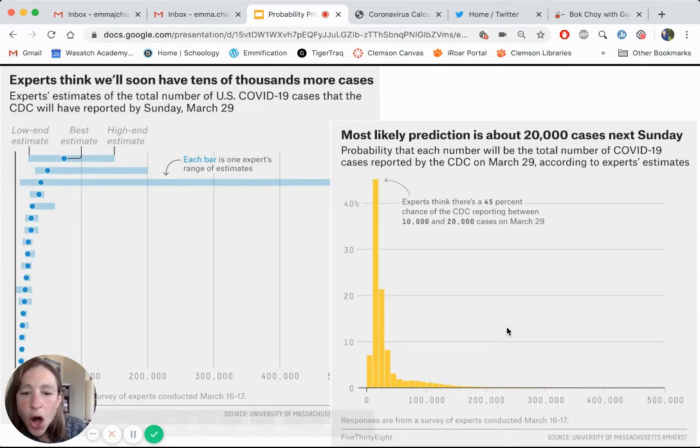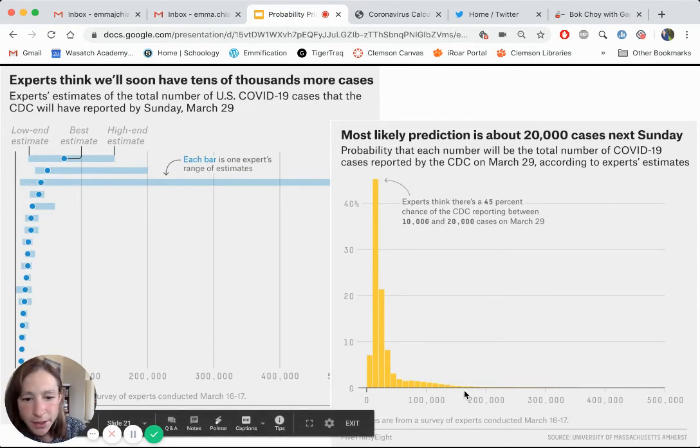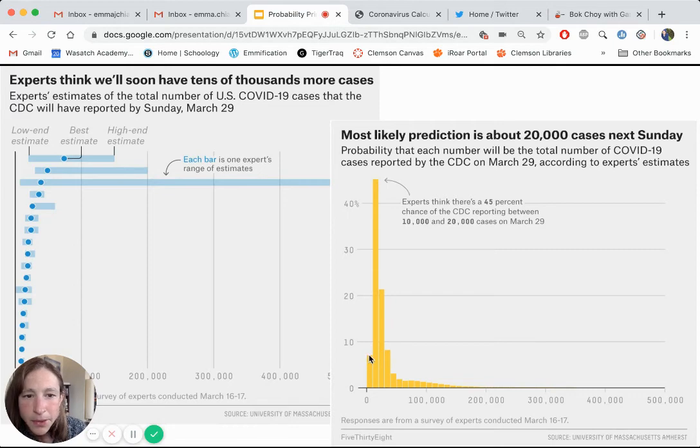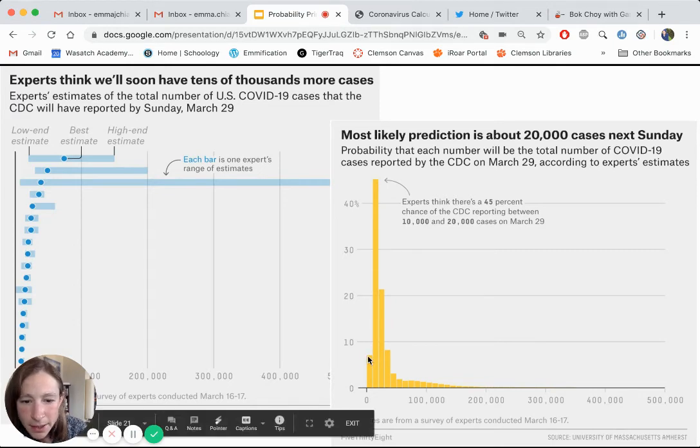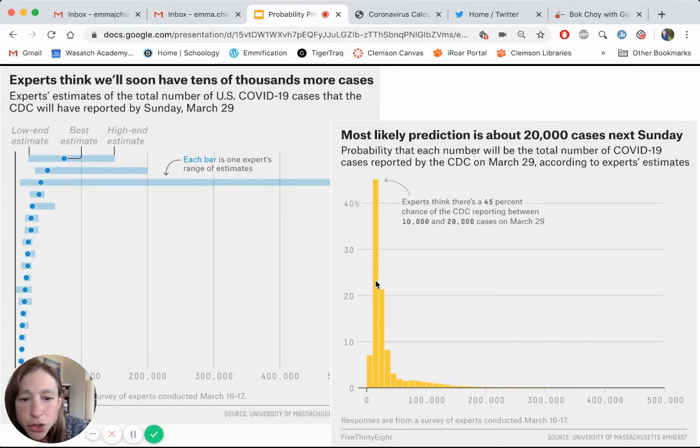But when you put all of their estimates together, you can see that about 8 of the people that they asked to make an estimate guessed that the number of cases is going to be between 0 and 100. But here, we're saying that the majority of people that they asked think that the number of cases reported is going to be between 10,000 and 20,000. So that's probably the number of cases that will be reported.